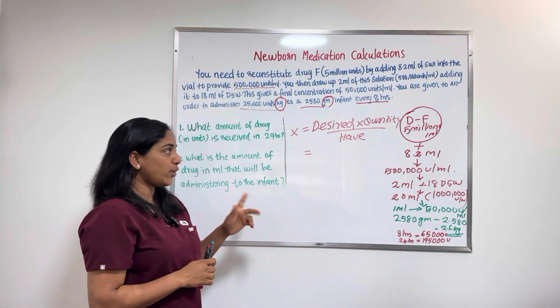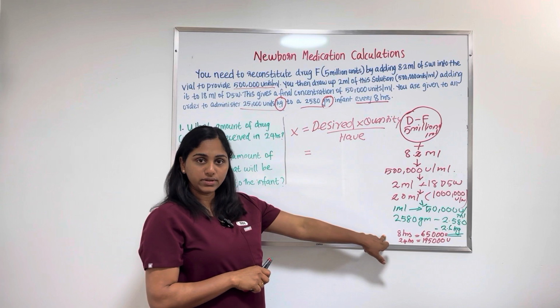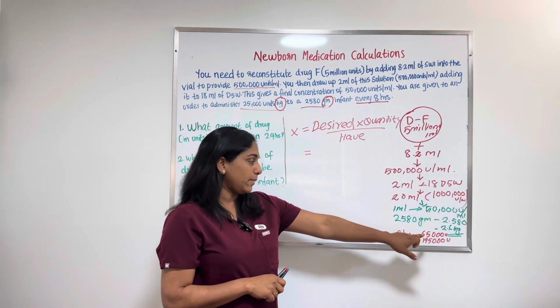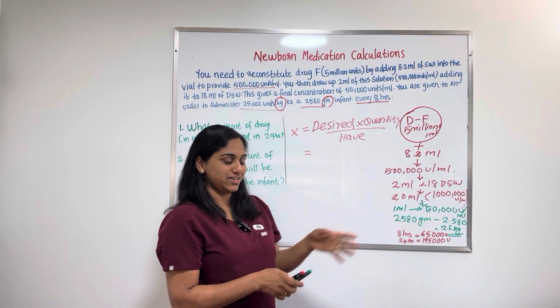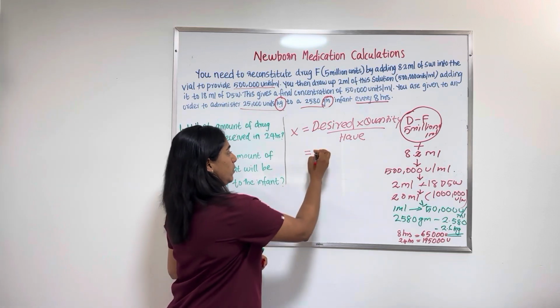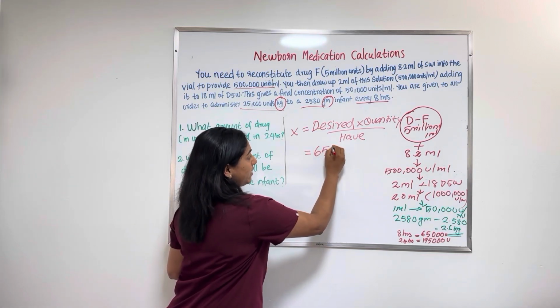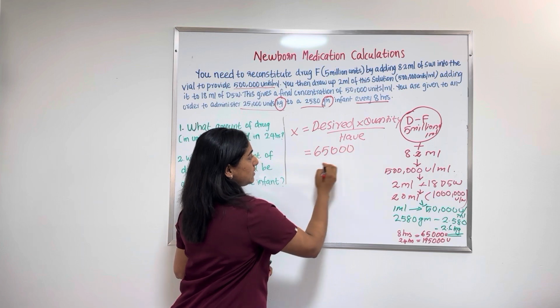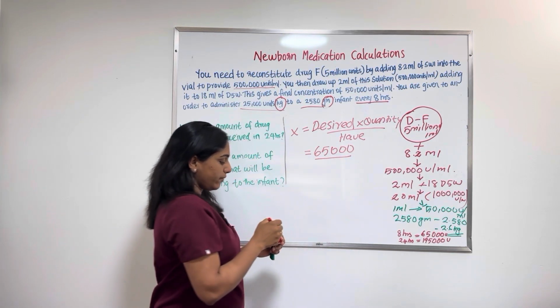So the desired dose we already found, every 8 hours the baby should get 65,000, so that is 65,000 divided by have.